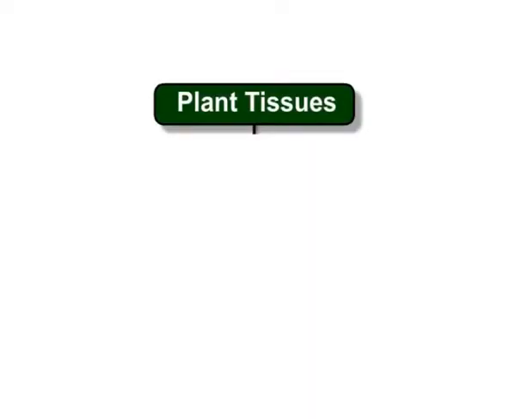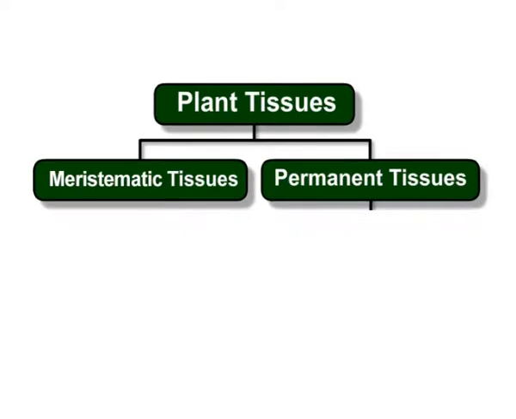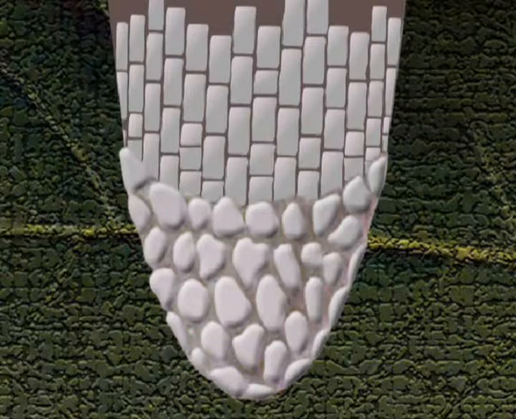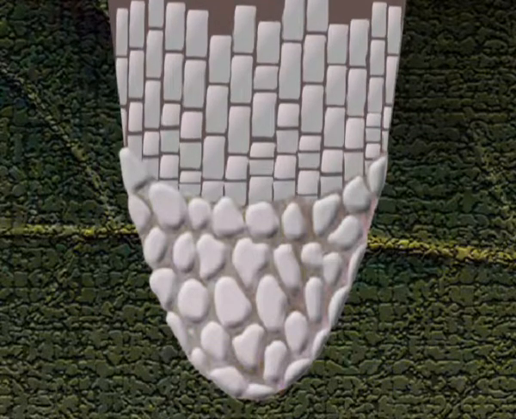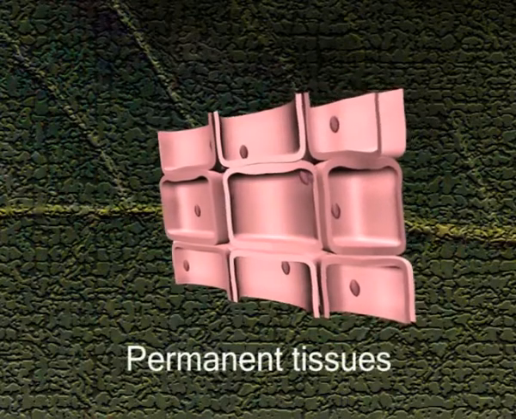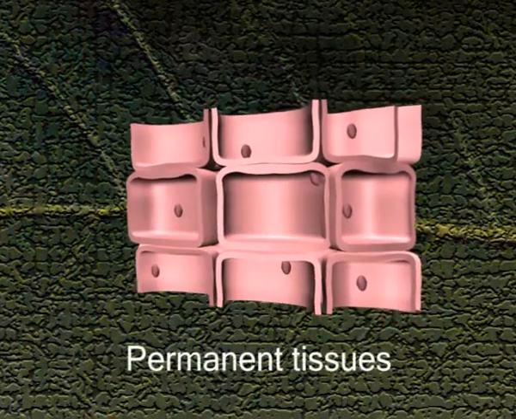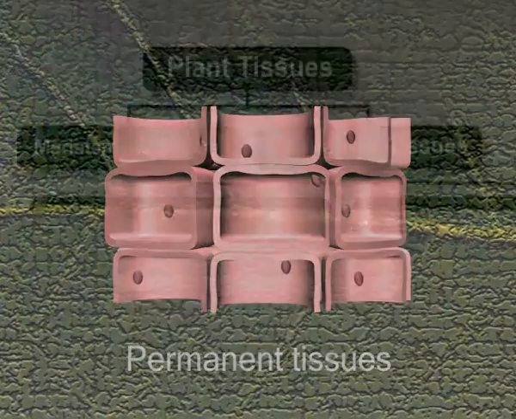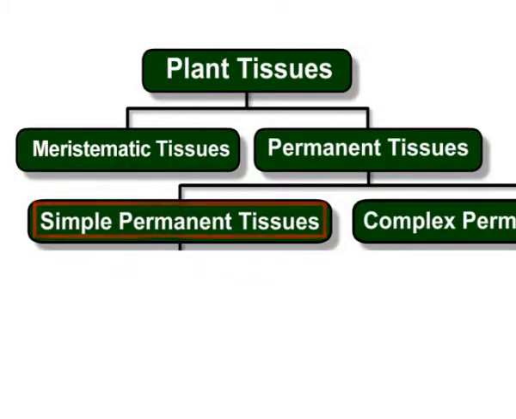Plant tissues. The plant tissues are primarily classified into two types: meristematic tissue and permanent tissue. Meristematic tissue is composed of similar immature cells which can divide to form new cells. The cells of the permanent tissues generally do not divide. Permanent tissues having all cells similar in structure and function are called simple permanent tissues.